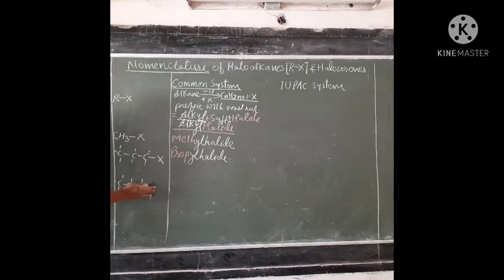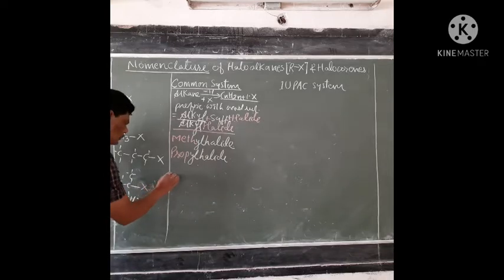Okay. Similarly, if you write CH3, CH2, this is CH2 and this is X. Or this is X and there is CH3. Now the halogen is attached with what? Carbon. Which type of carbon is there? It is a tertiary carbon, 3 degree carbon.